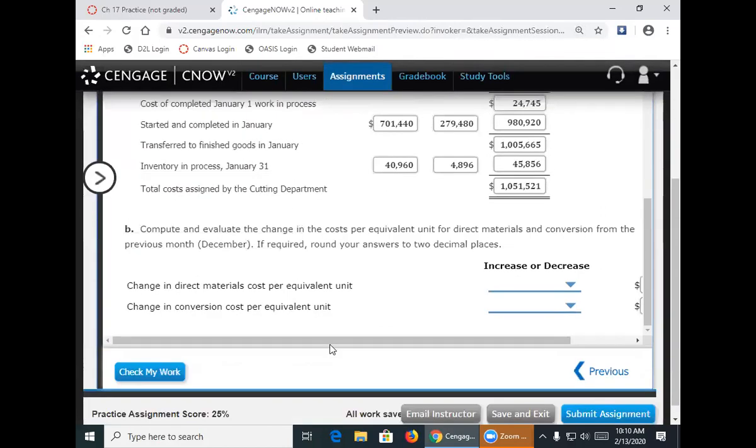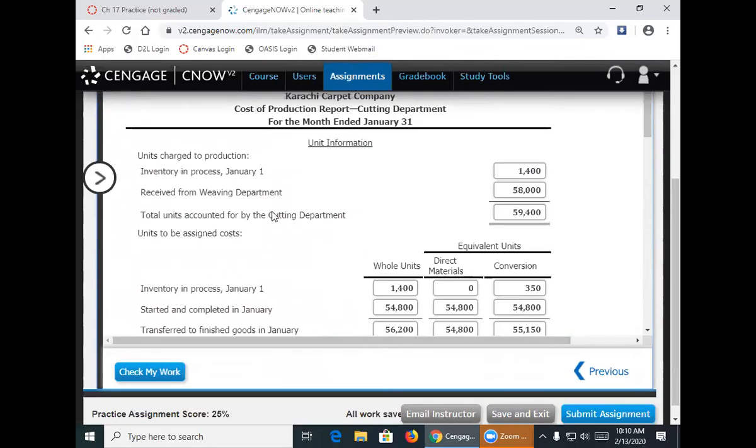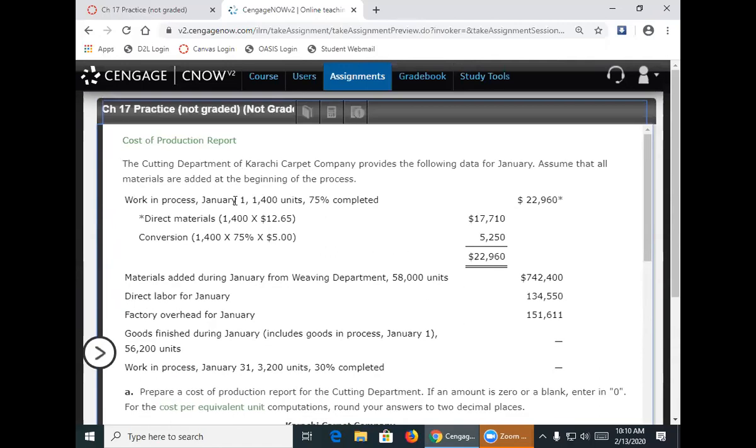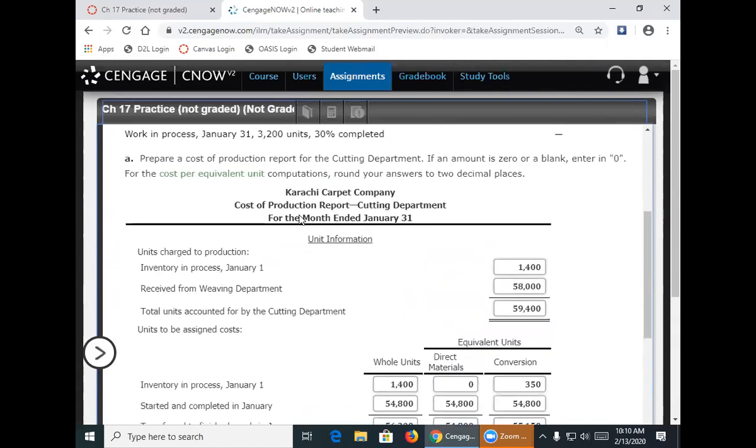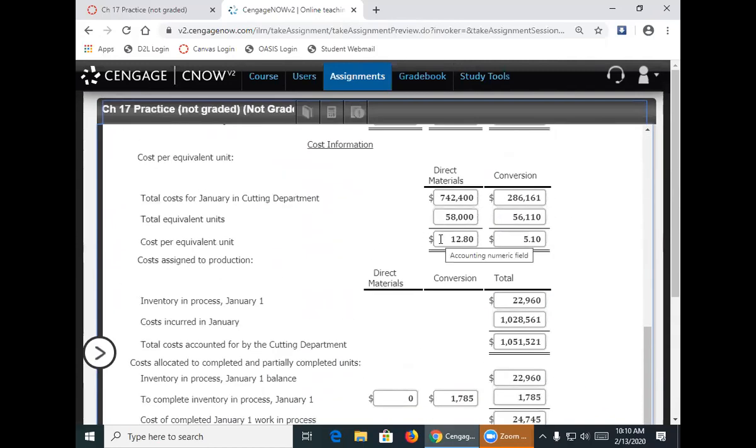And then our last question, part B, just says compute and evaluate the change in the cost per equivalent unit for materials and conversion from the previous month. This sounds a lot more complicated than it is. All we're looking at is materials. They told us at the very beginning in work in process, materials were $12.65. And now when we calculated it, we got $12.80.